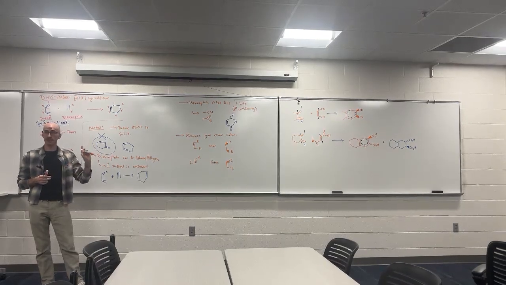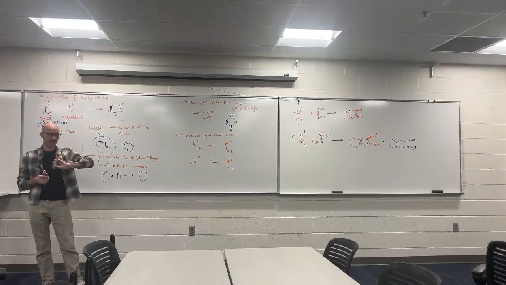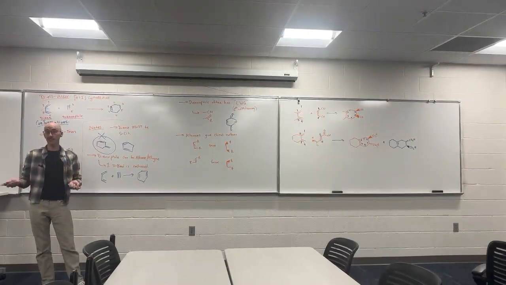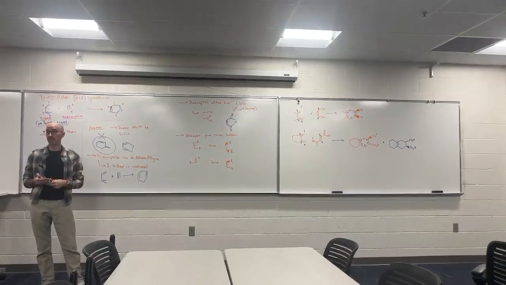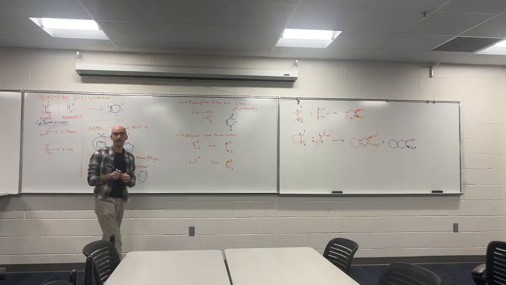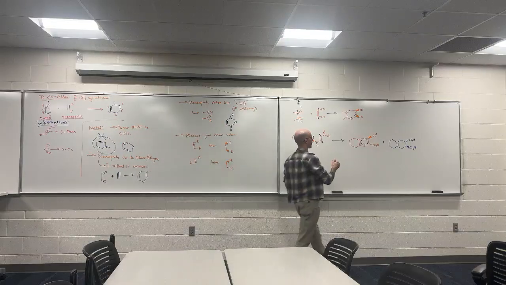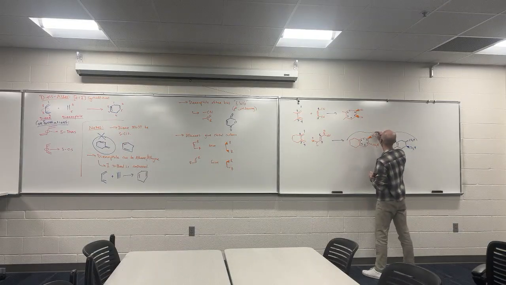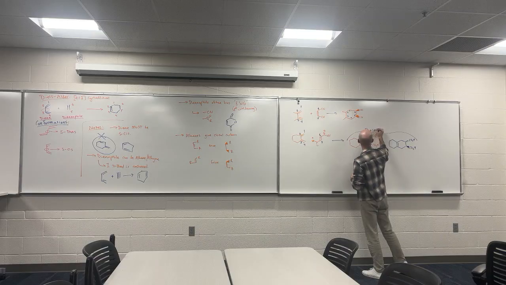What's the relationship between the two products? Enantiomers. And when enantiomers form as the result of a reaction, they always form in a specific ratio. What do we call this ratio? Racemic.